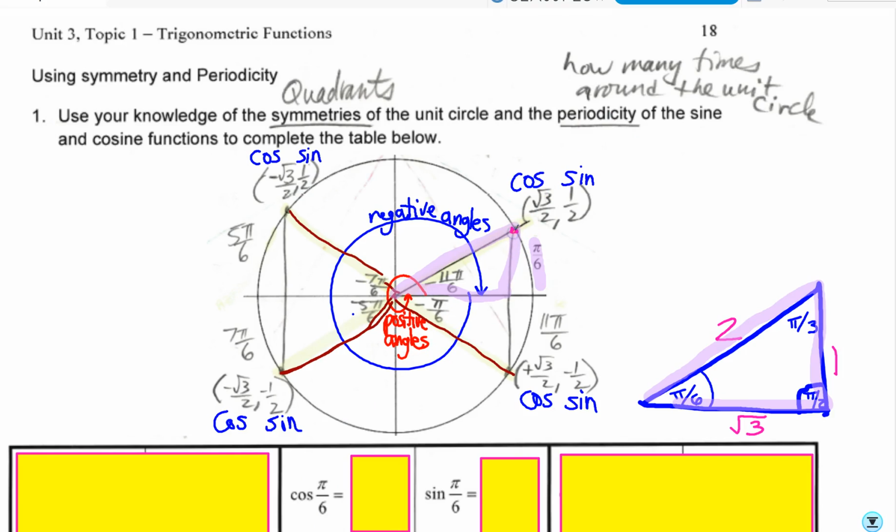And that point, when I have a measurement against the origin, that central angle of pi over 6, which is the same as 30 degrees, I'm going to have an x value, which is the same as cosine, of square root of 3 over 2, and I'm going to have a sine ratio, or y value, of 1/2.